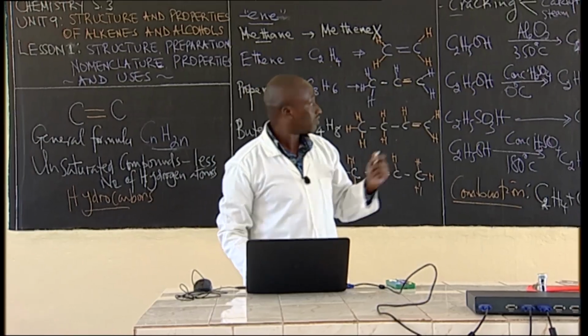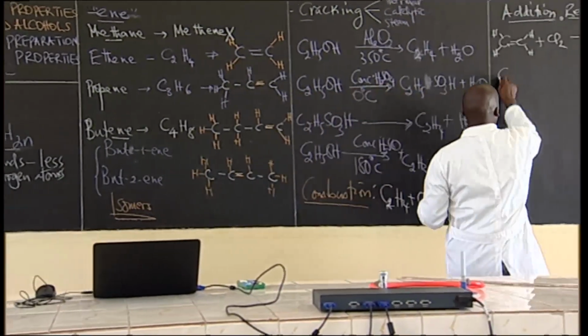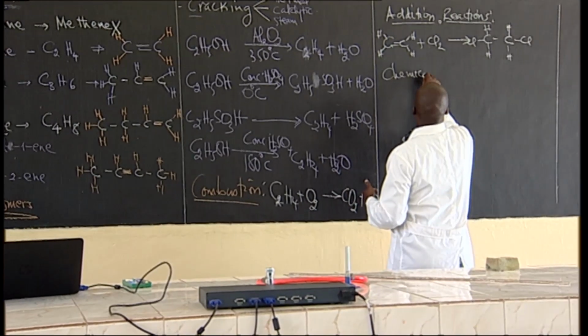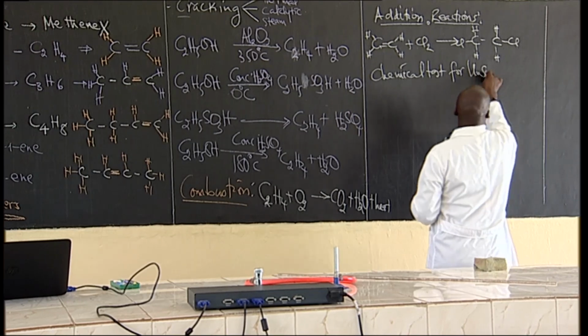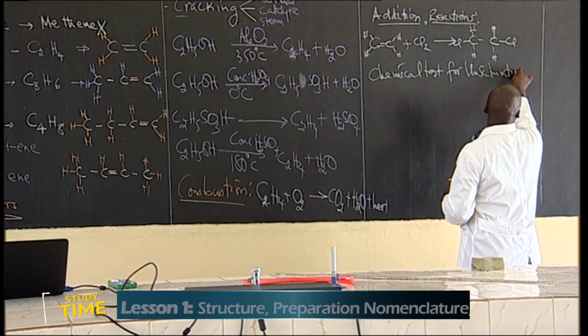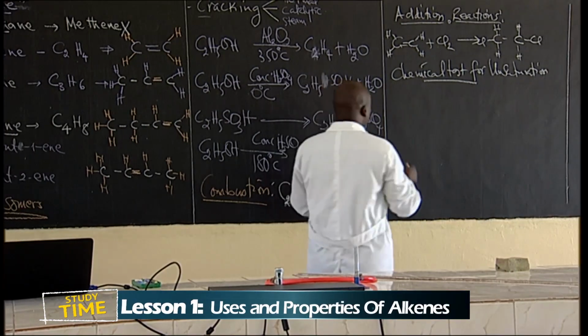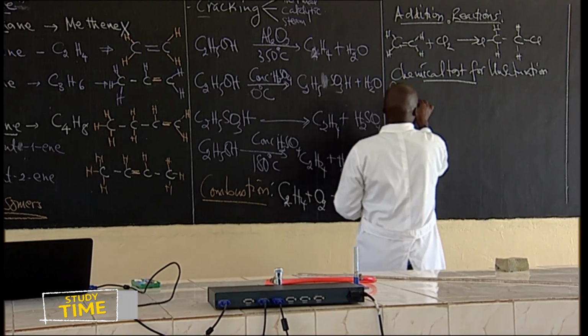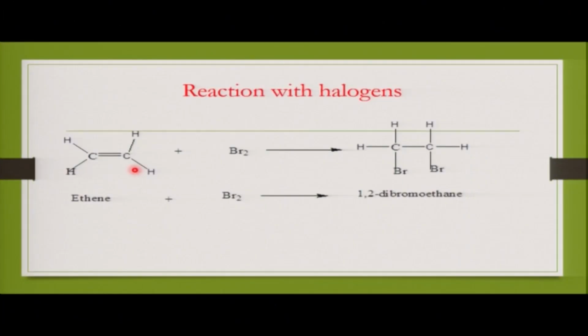This reaction is very important because it is used as a chemical test for unsaturation. Chemical test for unsaturation. How? Bromine is reddish brown.